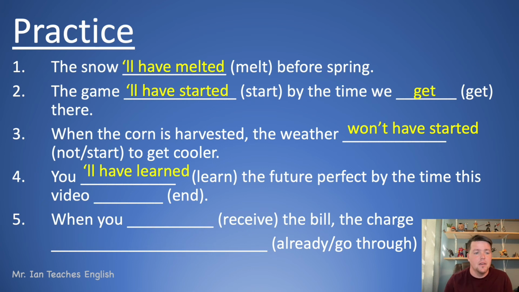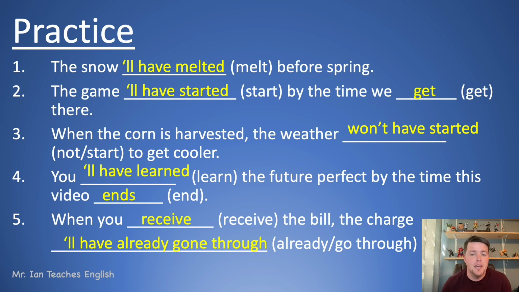Number 4, you'll have learned the future perfect by the time this video ends. All right, hopefully you got that present tense there in the time clause. And the last one, when you receive the bill, the charge will have already gone through. Hopefully you got this one and you put the word already in the correct spot.